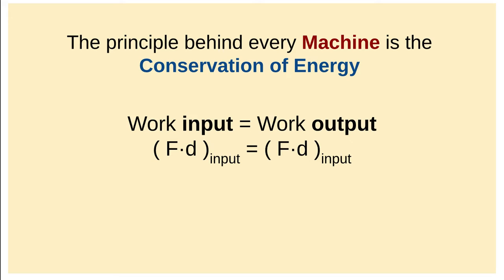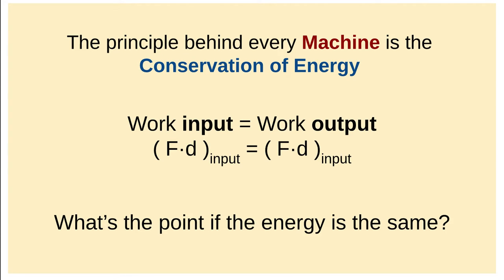In most cases, we'll be looking at a force times a distance. And so this means that the force times the distance that we are putting into the machine will have to equal the force times the distance of whatever is being done, whatever the goal of the machine is.